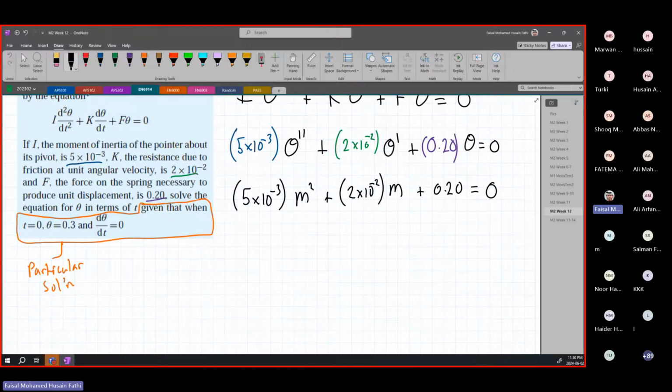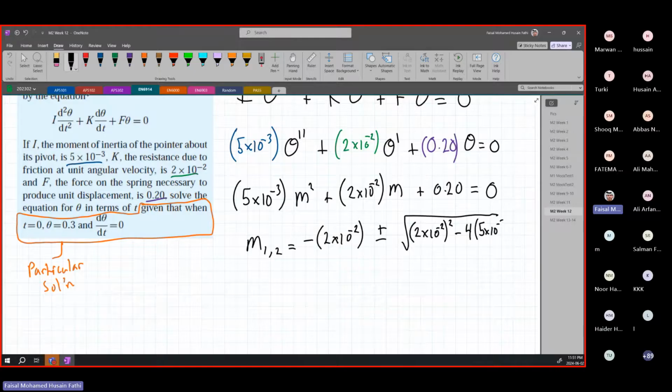Again, we are going to be applying our quadratic equation. So m1,2 is equal to minus b, which is 2 times 10 to the power of minus 2, plus or minus the square root of b squared, which is 2 times 10 to the power of minus 2 squared, minus 4a, which is 5 times 10 to the minus 3, times c, which is 0.20.